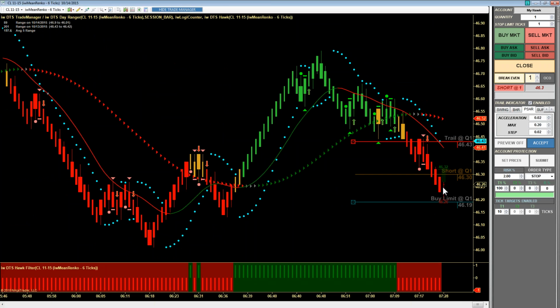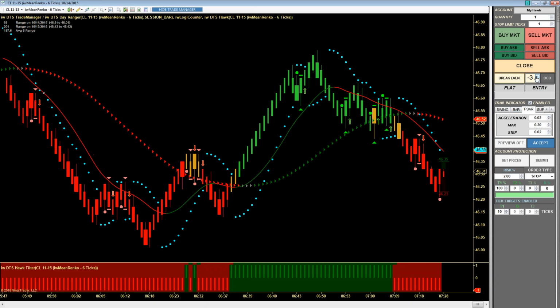Now I was already at break even, so when this bar completes, it will snap the trade to break even again, but I'm going to force it to break even manually. And with the break even function, you can set break even plus 1, 2, or 3, or whatever you want. You can even set it to the negative, so you can go break even minus 2 or 3 ticks or whatever you want.